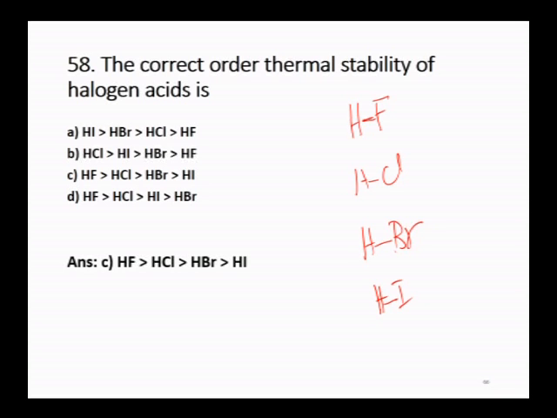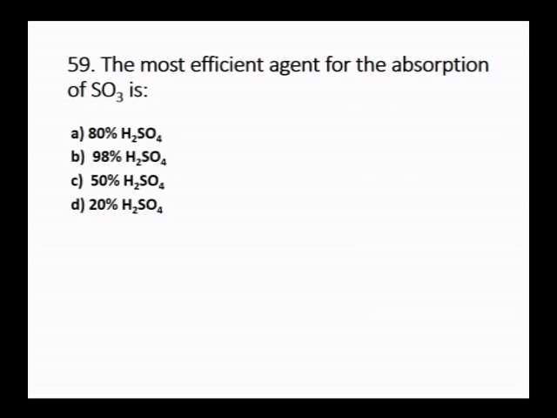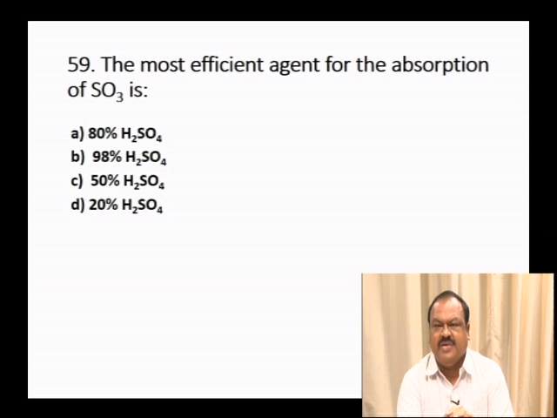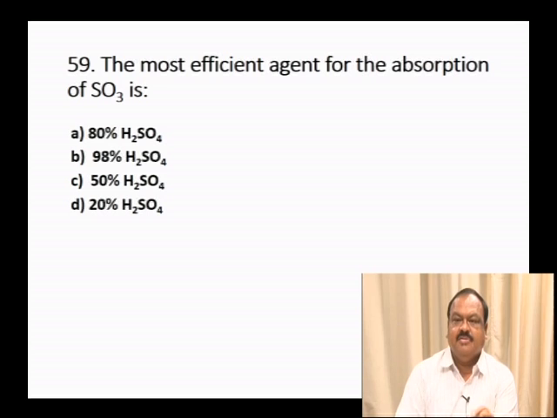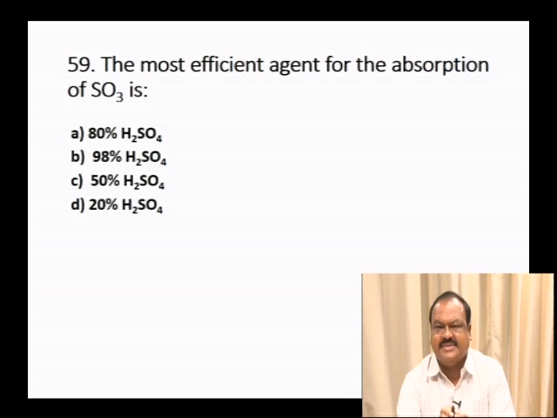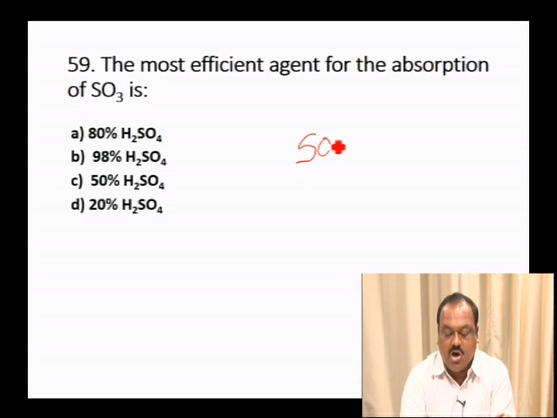Next question. The most efficient agent for the absorption of sulfur trioxide is, as we discussed in the manufacture of sulphuric acid by the contact process, sulfur trioxide is absorbed in sulphuric acid to get oleum.